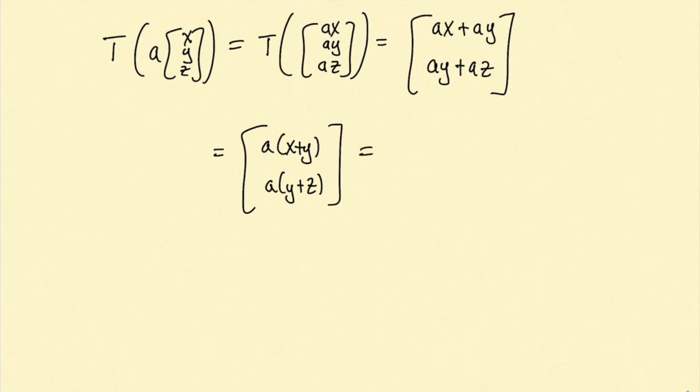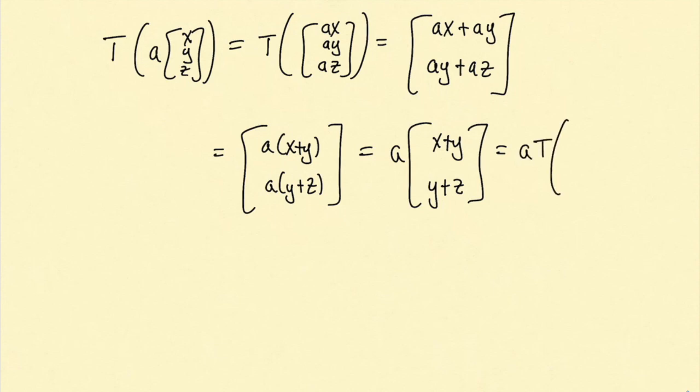We recognize that this is a scaled version of the vector x plus y, y plus z, and this vector is in fact just T applied to our original vector x, y, z. There you have it. We've verified that each of the three properties necessary to be linear are satisfied.